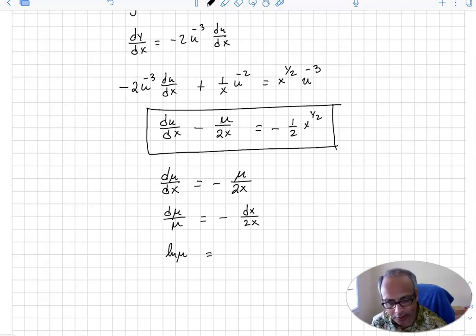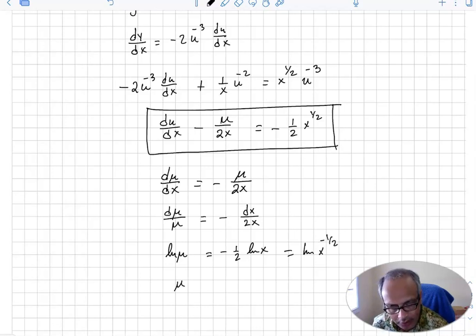So ln of mu is going to be minus half ln of x, which is ln of x to the power minus half.